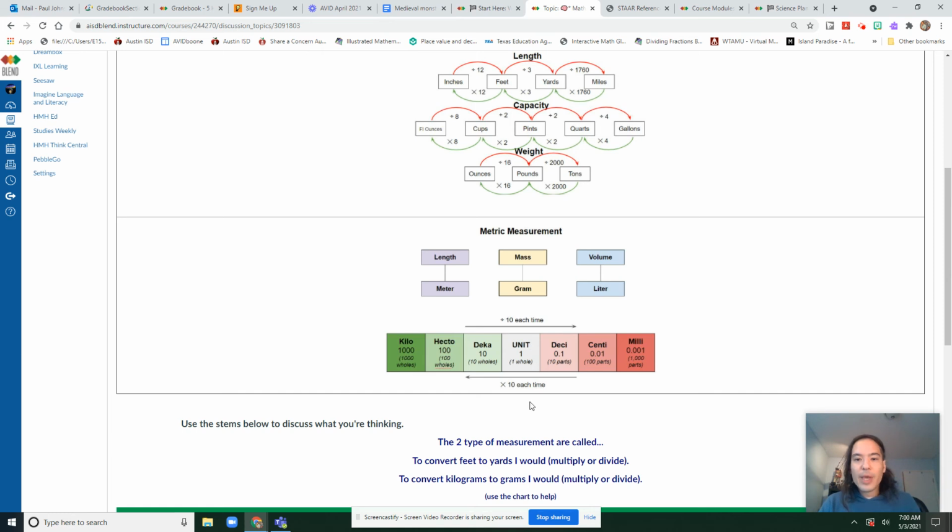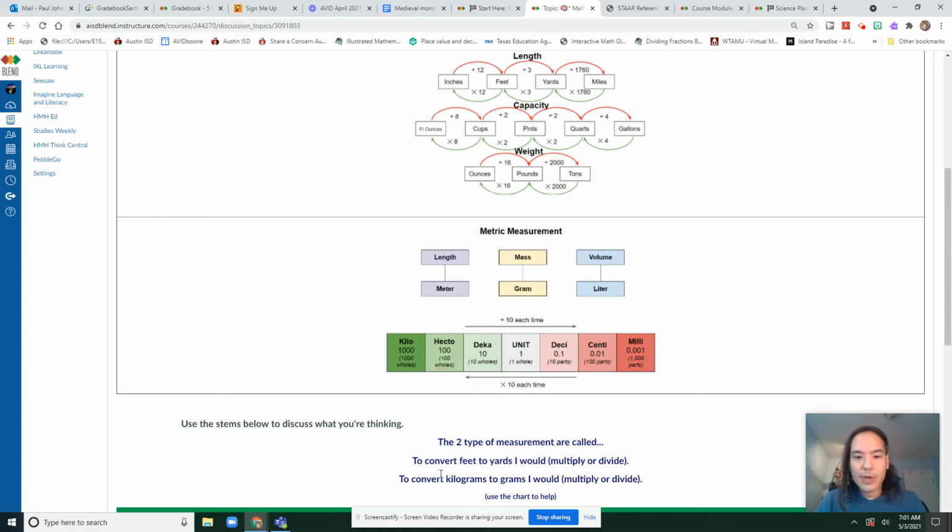All right. The main ones you'll need to know for 5th grade are kilo, centi, and milli. Deca, deci, and hecto do not show up that much in 5th grade. So really, it's going to be mostly about taking your unit and dividing by 10, dividing by 100, or multiplying by 1,000.